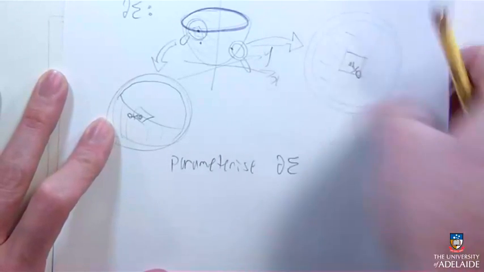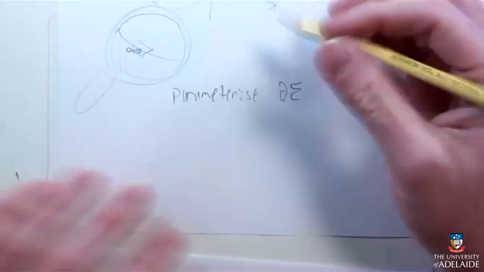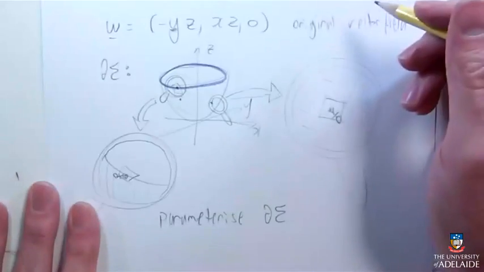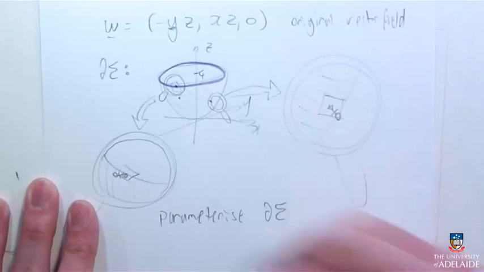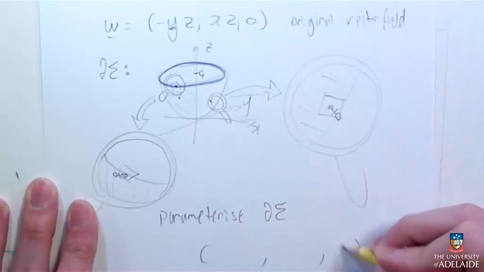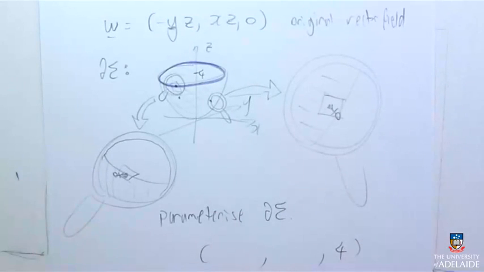Okay, so let's have a look at this. Every point on that boundary is at height 4. So I know that the z-coordinate on the boundary is 4, because they're all at height 4. And it's a circle of radius 2, because remember it was z equals x squared plus y squared.